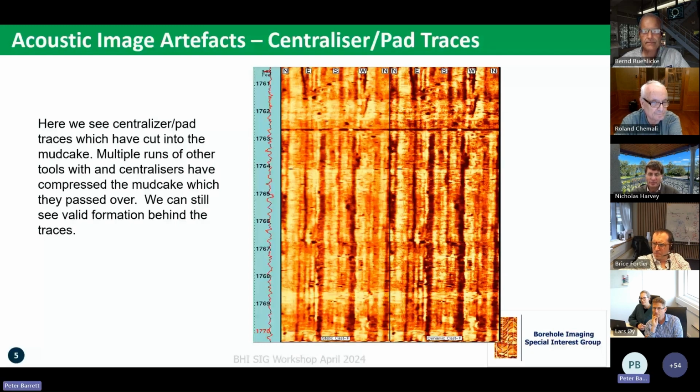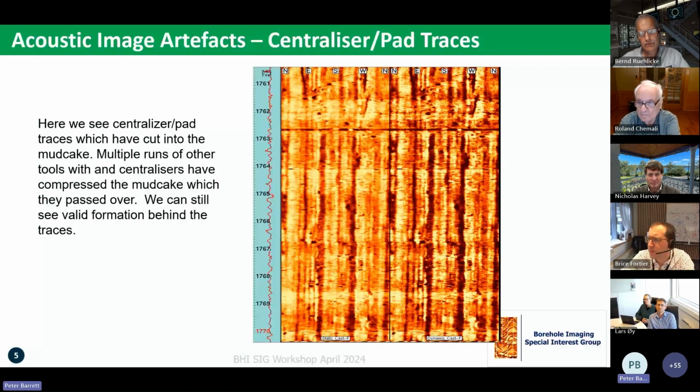And again, we can see at the top of the image here, around about 1762, that we do have some features, but they're obscured by the centralizer traces which are running vertically through the wellbore.